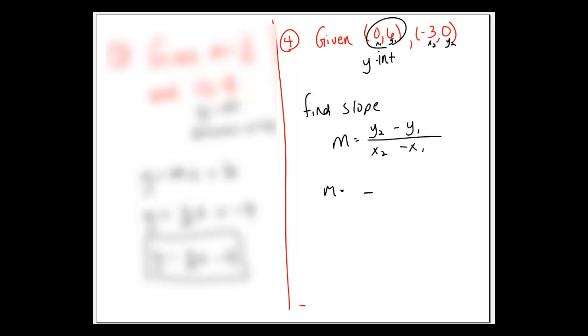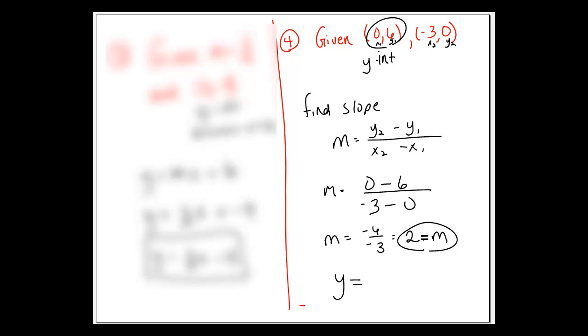Finding our slope from these 2 points, y2 is 0 minus y1 is 6, over x2 is negative 3 minus x1, which is 0. Finishing it out, we end up with negative 6 over negative 3, which equals positive 2. So now that we have the slope to be 2, and we already have the y-intercept to be 6, we can go straight to our slope-intercept form, which is y equals 2x plus 6.